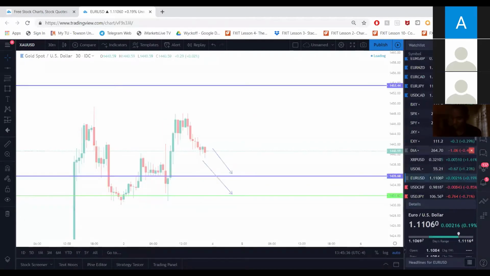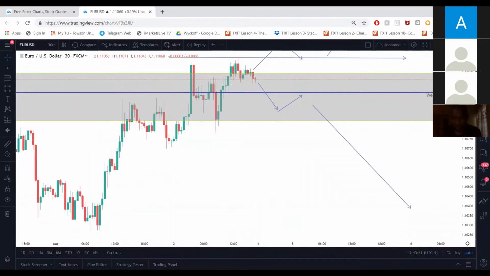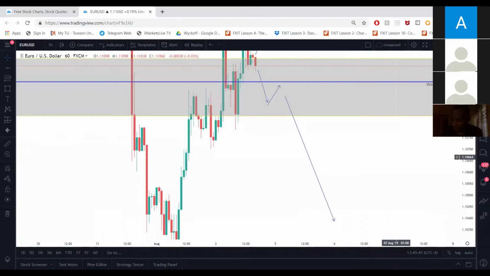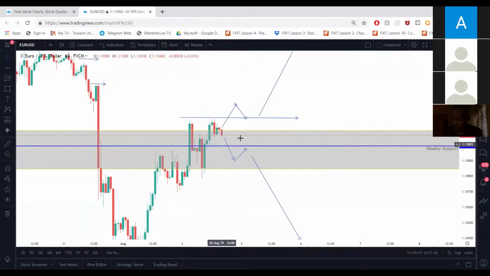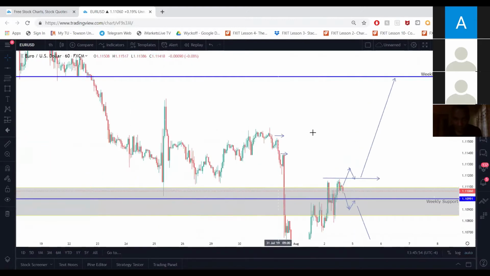Where is it? Yeah, unless it breaks below this zone. Unless it breaks below and closes underneath, this is due to a good recovery.